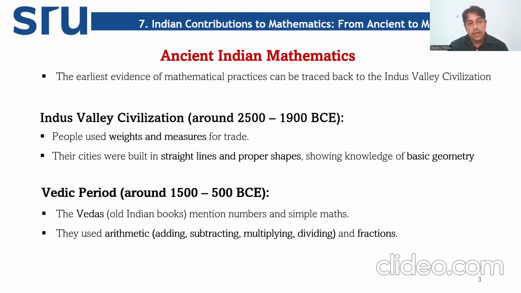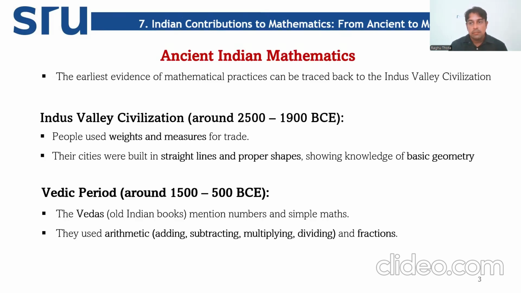From the Indus Valley civilization, people started using weights and measures for trading. In addition, if you observe the constructions of the Indus Valley civilization, the buildings and cities were in straight lines and proper shapes.